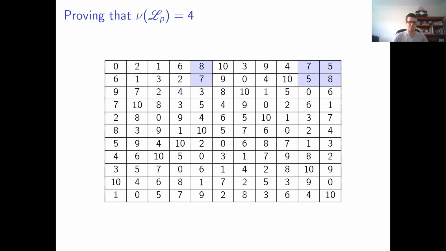And to do this, we showed the existence of a row permutation of the 3-2-1 conjugate of LP which was not a P cycle. So here we've got the 3-2-1 conjugate of the Latin square L11, and the highlighted cells show us that the permutation R01 of this square contains the 3 cycle 875.